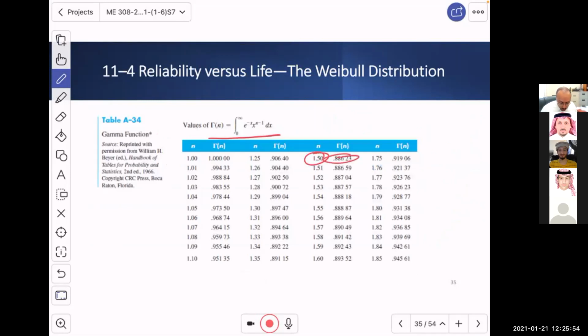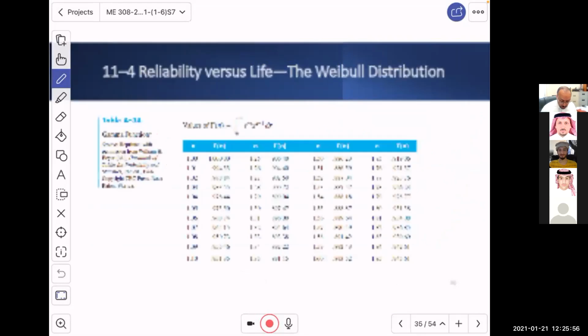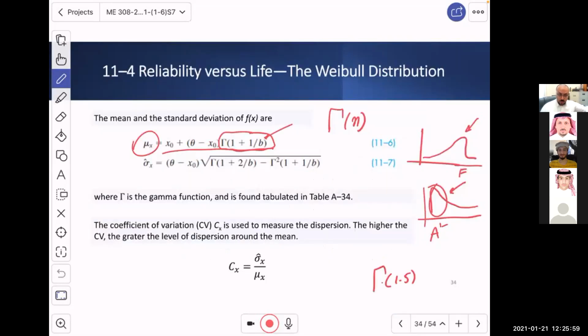That's it. Now, what you need to understand is that in the example we are going to discuss, there is a calculation of the average, which is the mean, and this one is the standard deviation. The standard deviation also involves the gamma function. We'll see in the solution that you cannot just round up numbers. That's not nice. You need to be very careful.